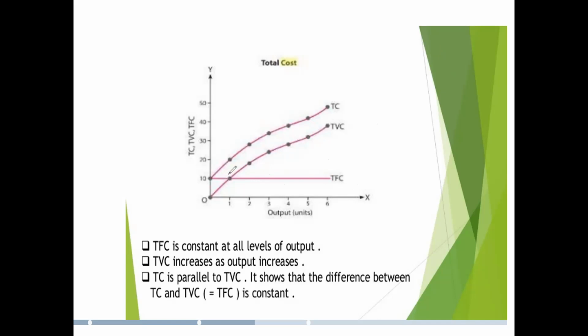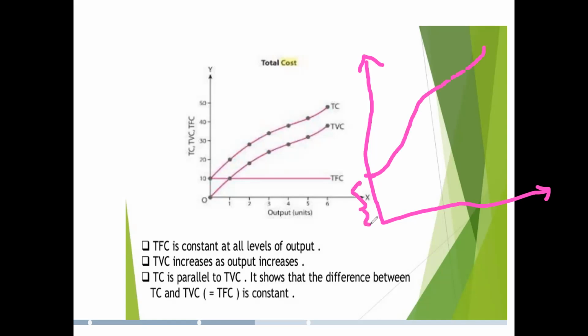Another thing you have to keep in mind when we are drawing the curves, which is very important when we are moving on to identify the market structures for firms, is how we draw the total cost curve. The total cost curve will start with an intercept value.